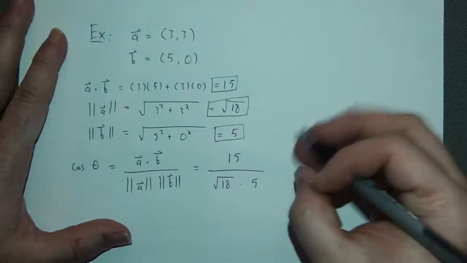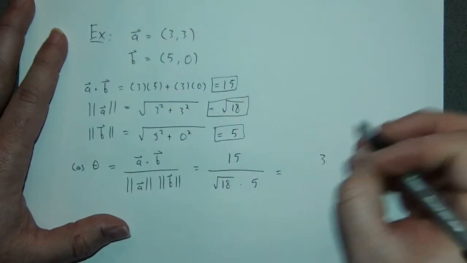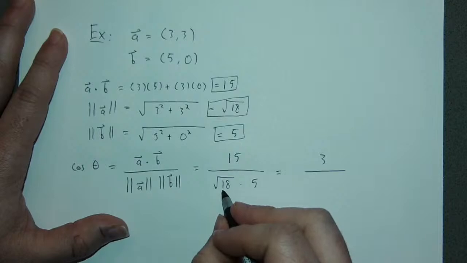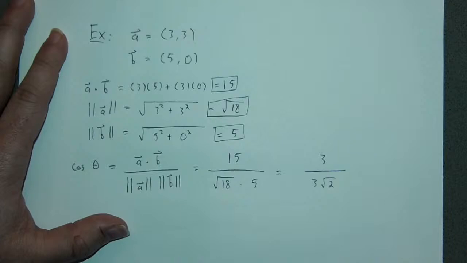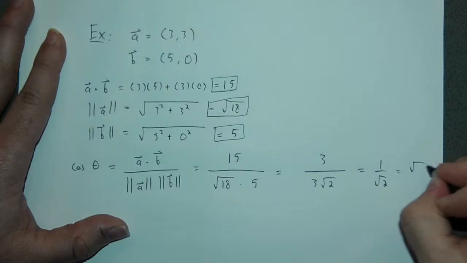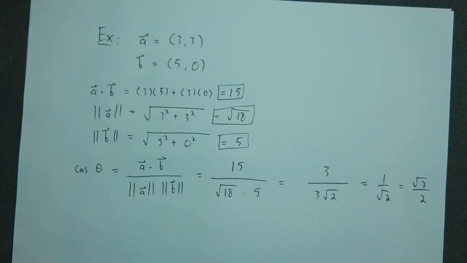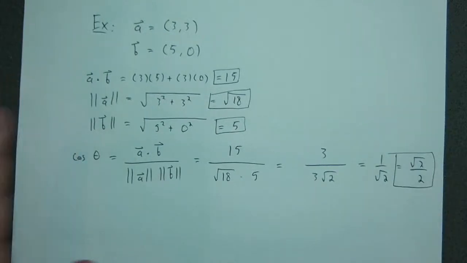I can do some simplification here. 15 is 3 times 5, so I cancel the 5, leaving 3 over the square root of 18. The square root of 18 is the square root of 2 times 9, so that's 3 square root of 2. So this is 1 over square root of 2, or rationalizing the denominator, which your teacher was probably always telling you to do in high school. It doesn't matter typically, but it can help you recall what's going on here. Cosine of theta is square root of 2 over 2.